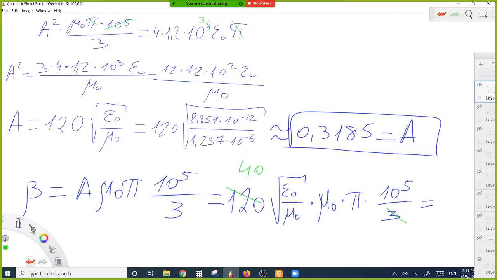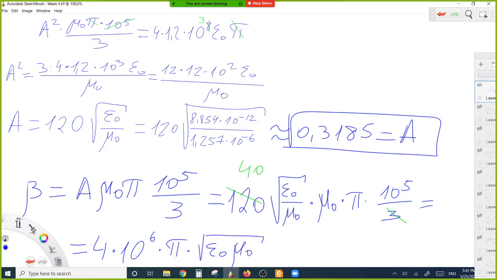And what we have for beta will be equal to 4 multiplied by 10 to the power 6 multiplied by p multiplied by square root of epsilon 0 mu 0.